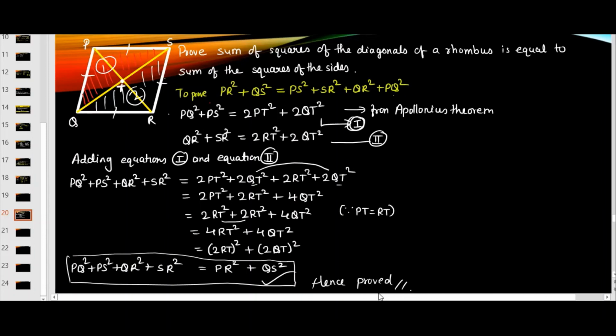I'm going to give you 2 questions so that you can practice applying this theorem. Please note down the question. Homework. First question: in triangle PQR, point S is the midpoint of side QR.